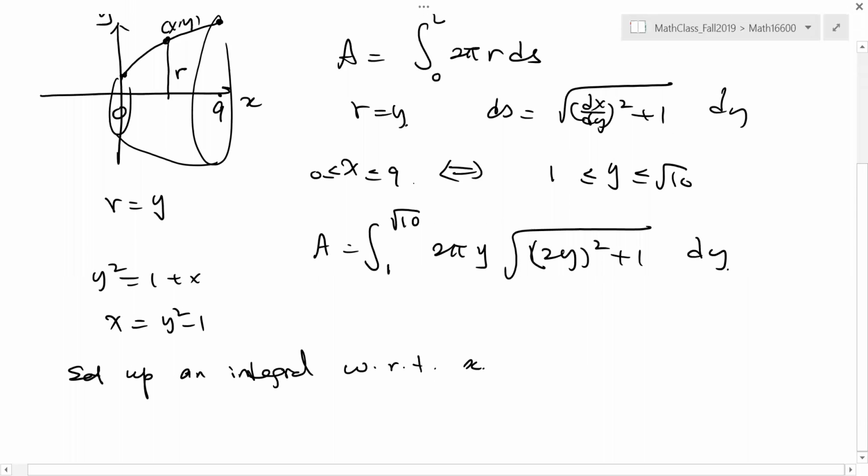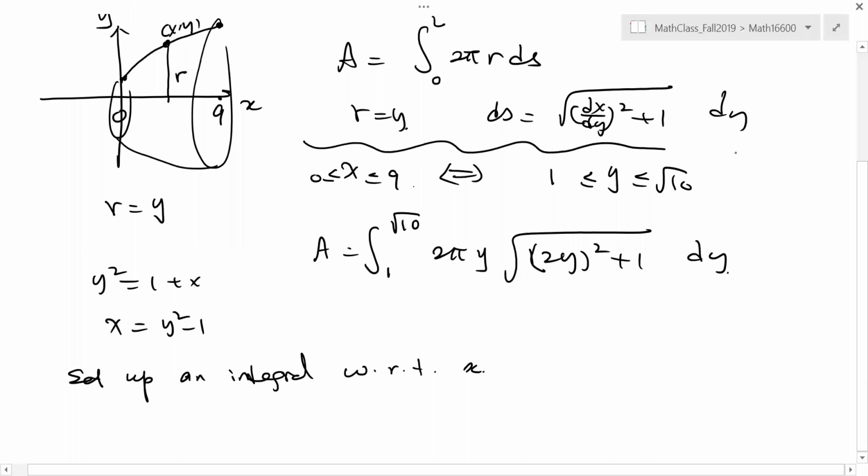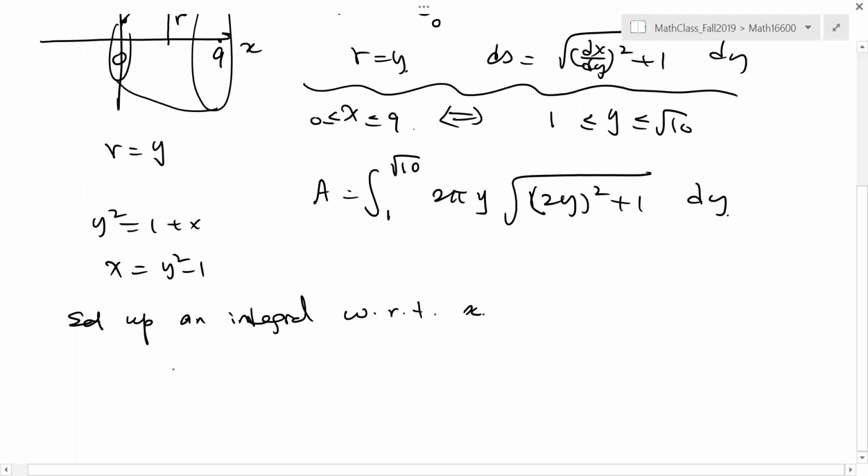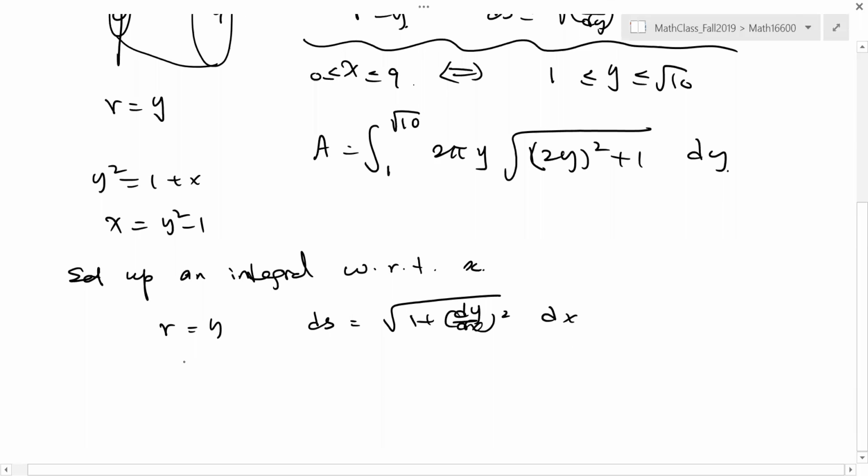Well, you still have the same formula, but this time r is still y, not changed yet. ds, you can change it to the square root of 1 plus (dy over dx) squared dx because you're using the x variable. Then you say, oh, y is not expressed, but y depends on x: the square root of x plus 1.